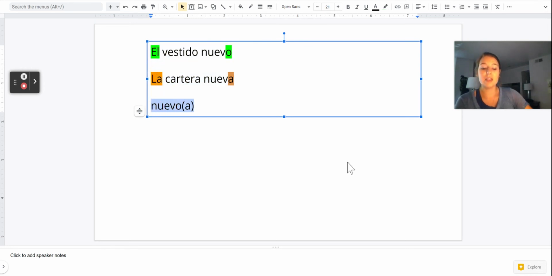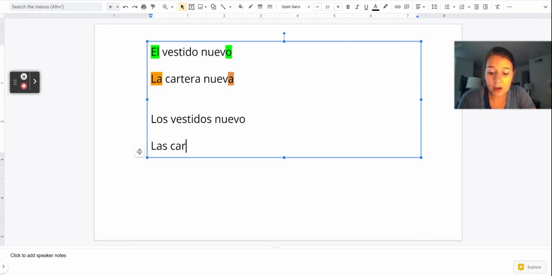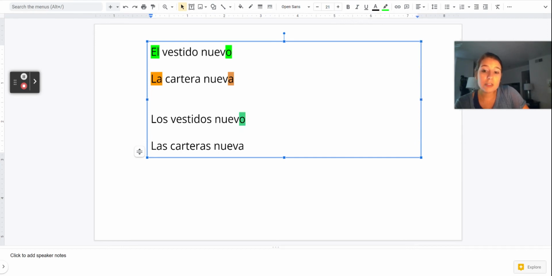Okay, now let's make these plural. So el turns into los. How about los vestidos nuevos, and las carteras nuevas. Now remember, las carteras is feminine, so we make the O an A. Now for los vestidos, that means more than one dress.